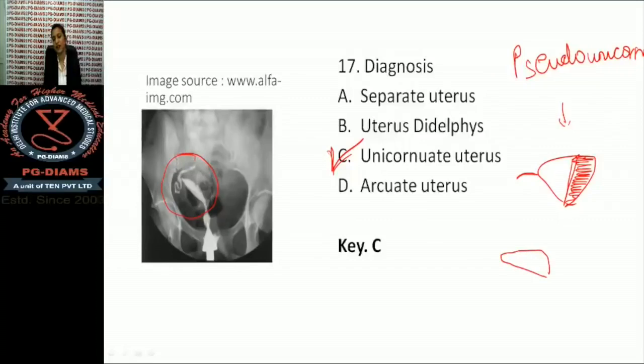So this also might look like a unicornuate uterus. That's why it's called pseudo-unicornuate uterus, and it is seen in TB. Since the options here were only unicornuate uterus and others not compatible, your answer here is unicornuate uterus. Unicornuate means a single cornu is there, the other is not present. Unilateral agenesis of Mullerian ducts is unicornuate uterus.